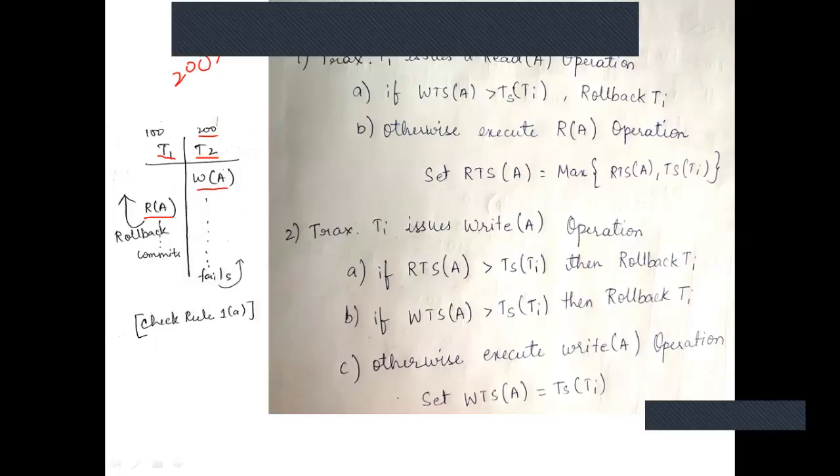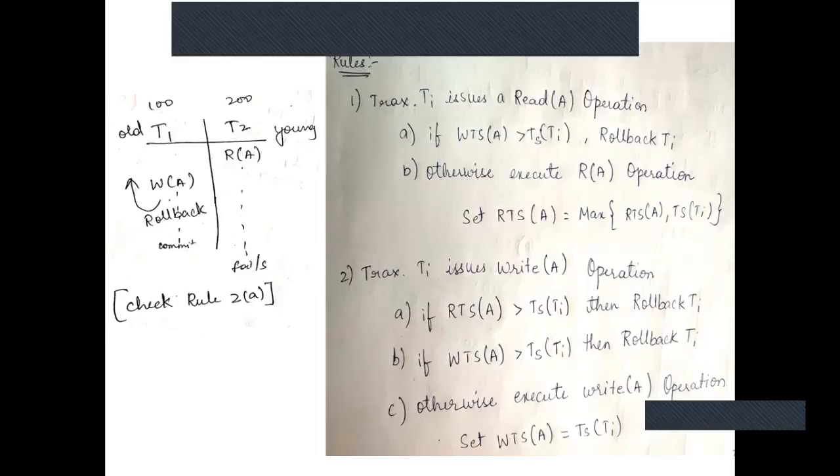So what is the condition? If it is greater, roll back T1. So this gets rolled back. If this transaction T1 gets rolled back, then T2 also fails.